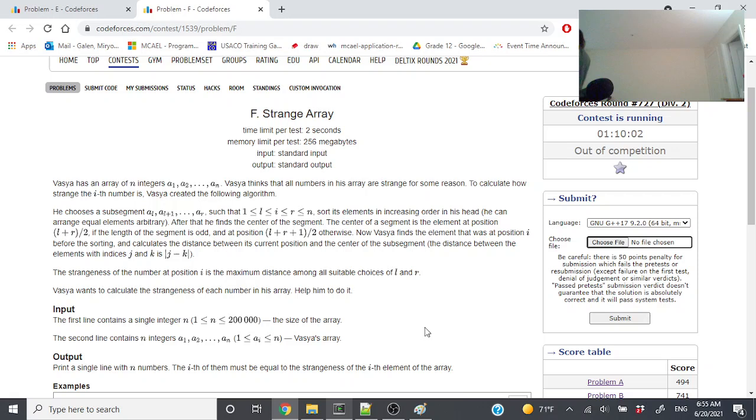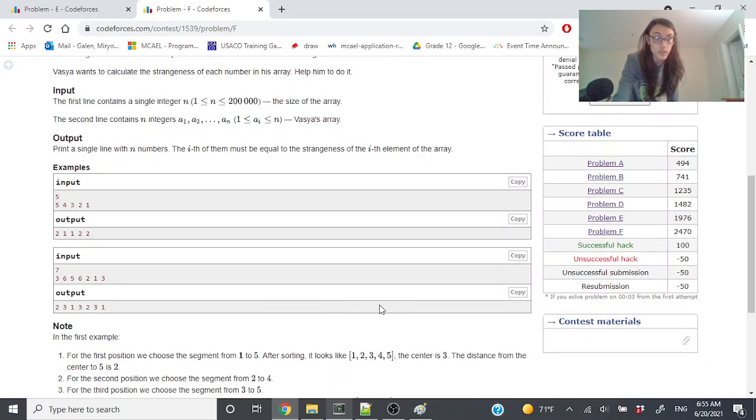So maybe we consider all elements in order. Consider all elements in order. Now, elements that are less than or equal to this value, are they all distinct? Does it guarantee that they're distinct? No, it does not.